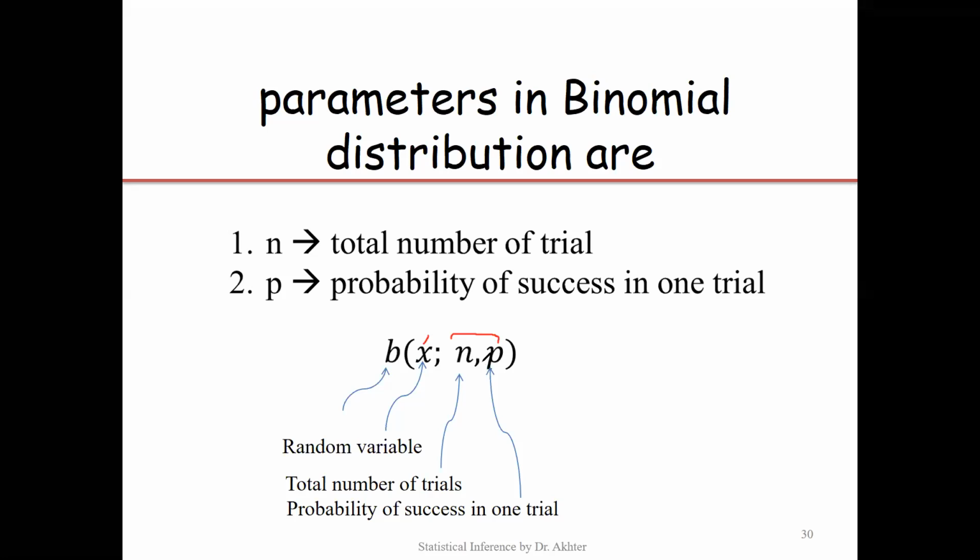We first have to estimate the value n and the value p before using this model. And what the model is: nCx, p raised to the power x, and 1 minus p raised to the power n minus x.